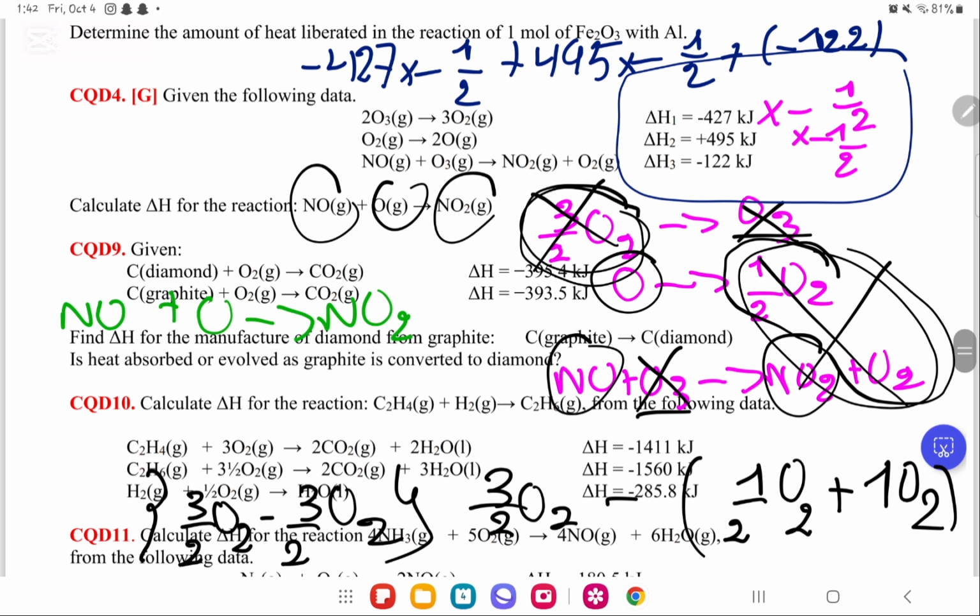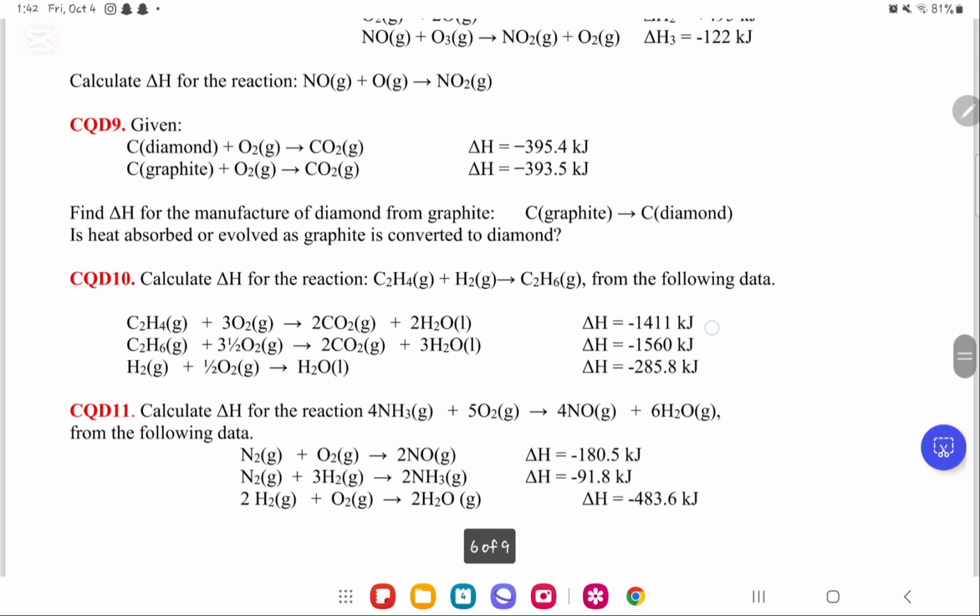If we're gonna do it on the calculator, we are gonna get negative 156 kilojoules. So that's it for CQD number 4.